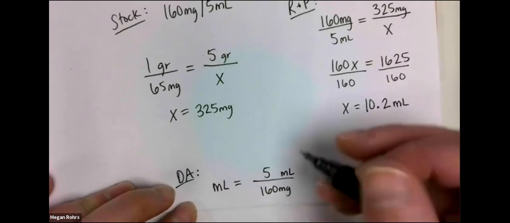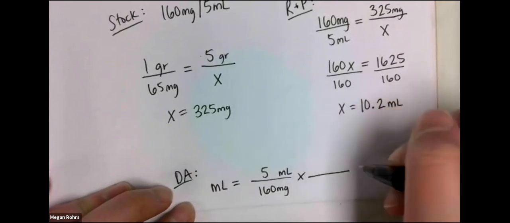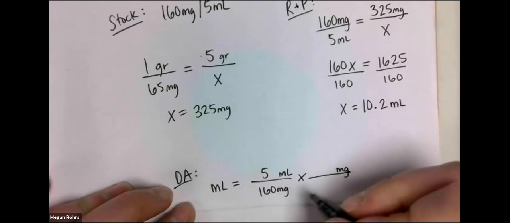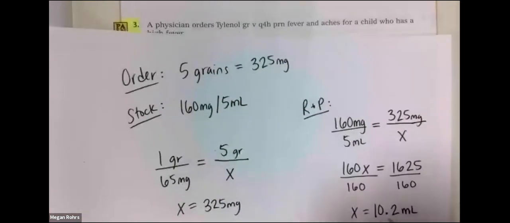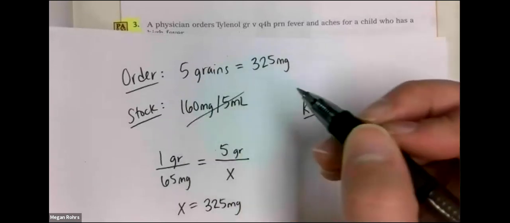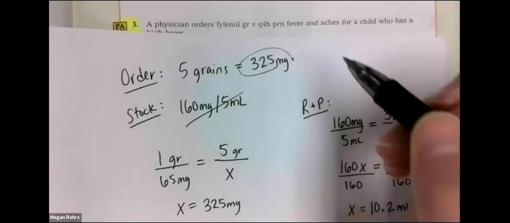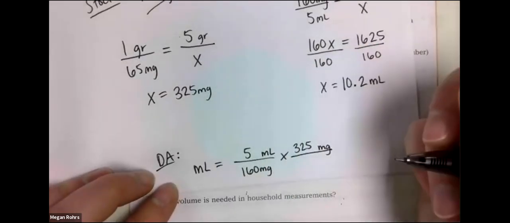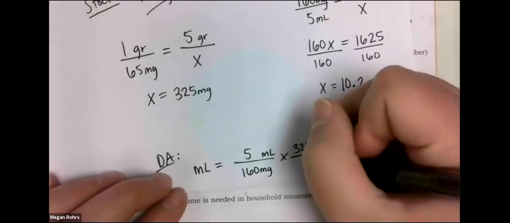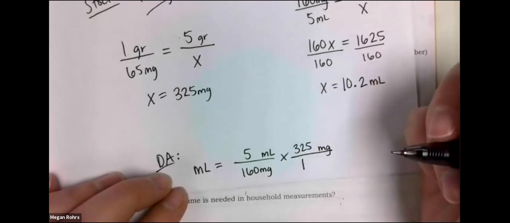To get rid of the milligram, I need to multiply by a fraction that keeps milligrams on top on this next fraction. And I've already used my stock, so the only thing that's left is my order, which was 325 milligrams. That is by itself, so we can just put that over 1.